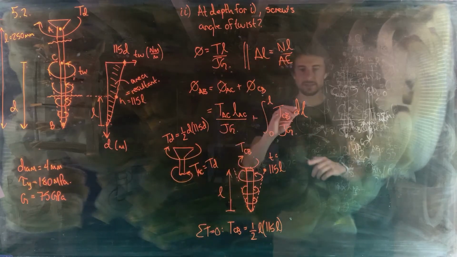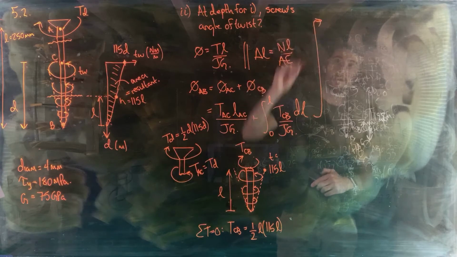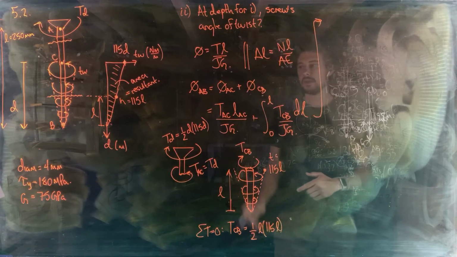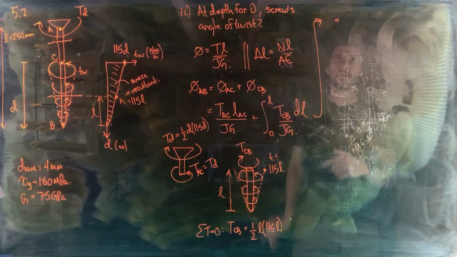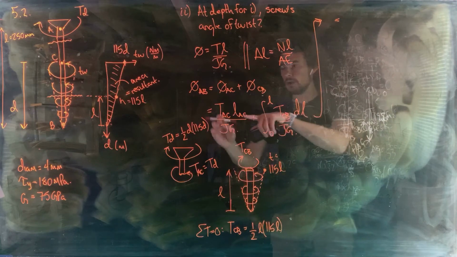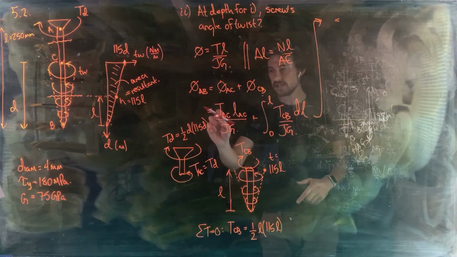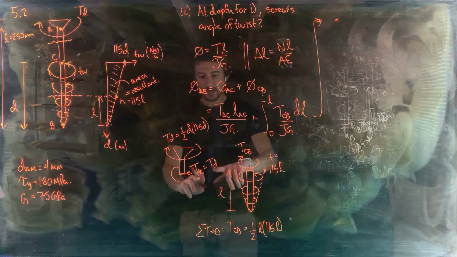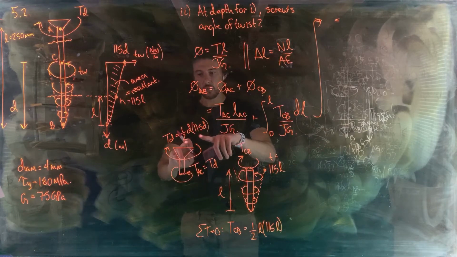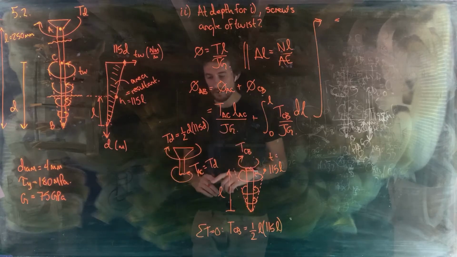Okay, so let's take this line and we'll continue it up here. So the total angle of twist is going to equal, first term here, TAC. We know TAC is equal to TD, which is 1/2 115 d squared.